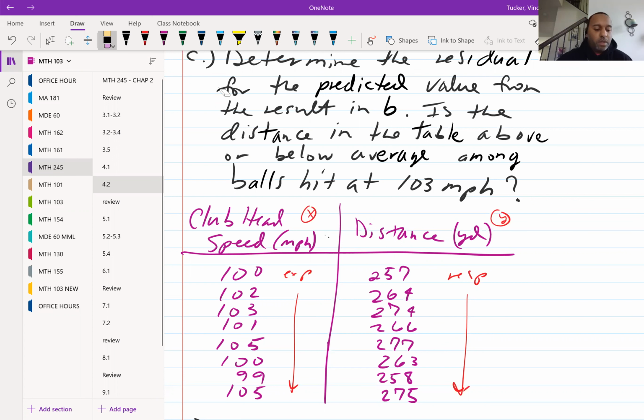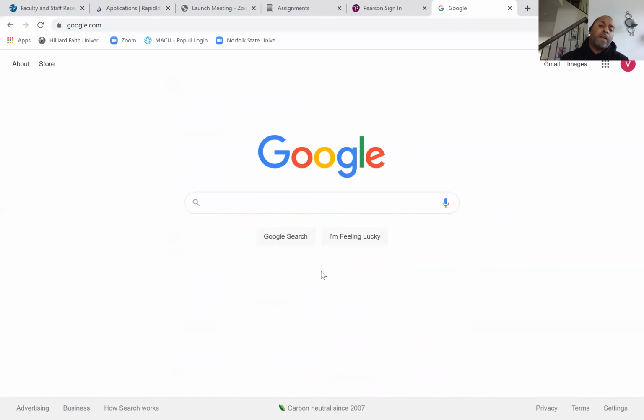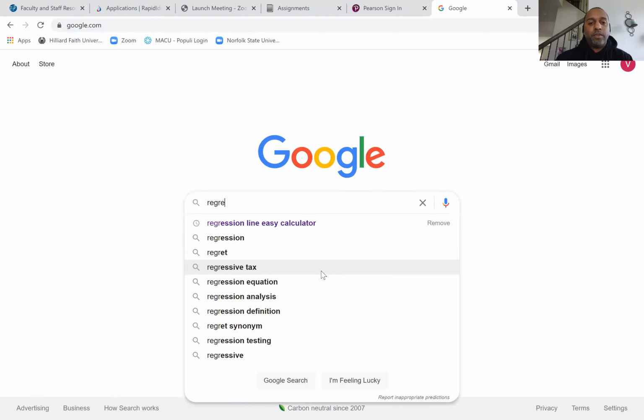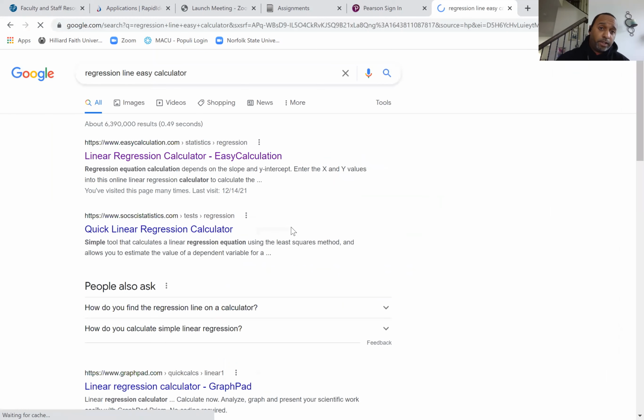All right, so let's go to another page so I can show you guys. Just like before, type in what you're trying to calculate. It's the regression line. And then I put behind it easy calculator or easy calculation, and that's the first one that pops up.